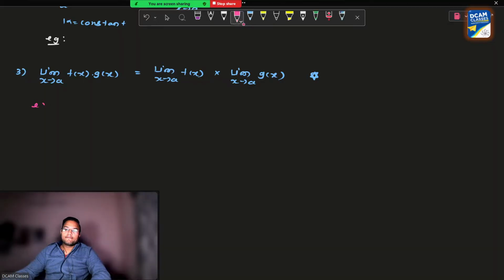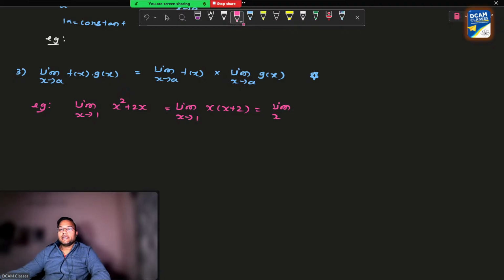How, sir? I'll give you an example. Suppose limit x tending to 1 of x square plus 2x. I can solve it by putting x equal to 1 here. Or the other way is I can write this as limit x tending to 1 of x into x plus 2. Now this will become limit x tending to 1 of x into limit x tending to 1 of x plus 2.